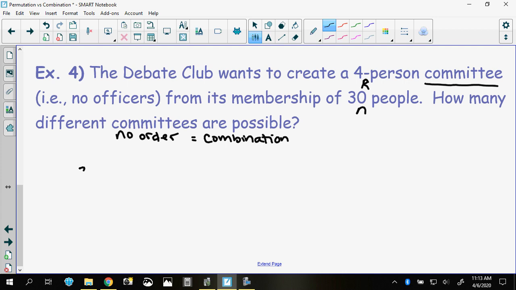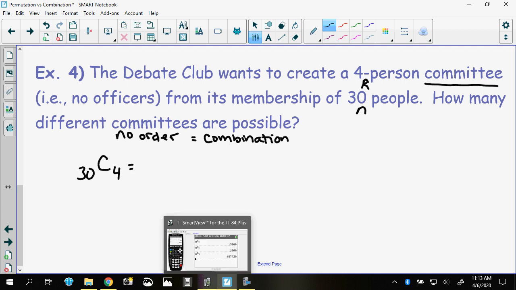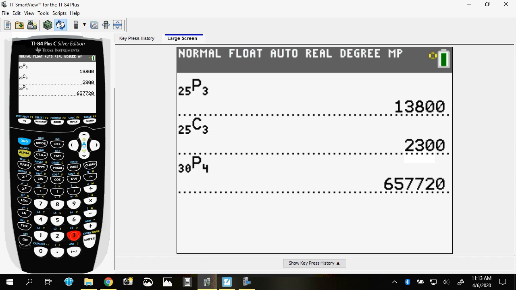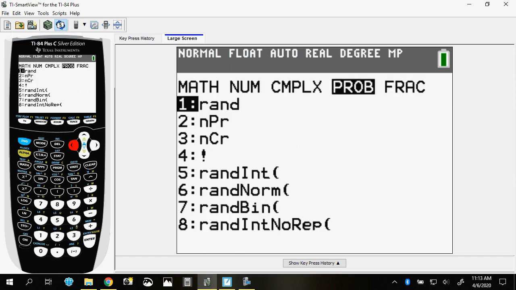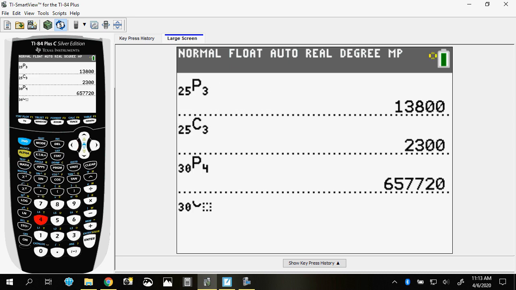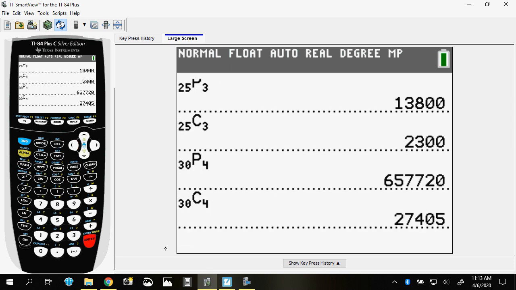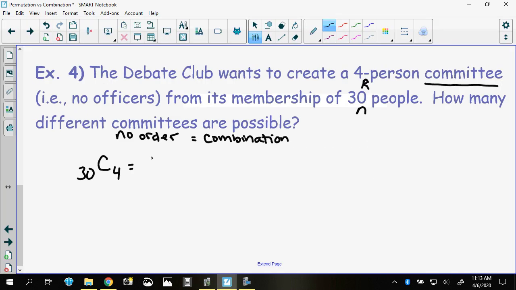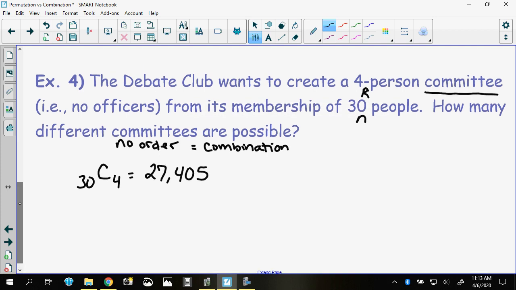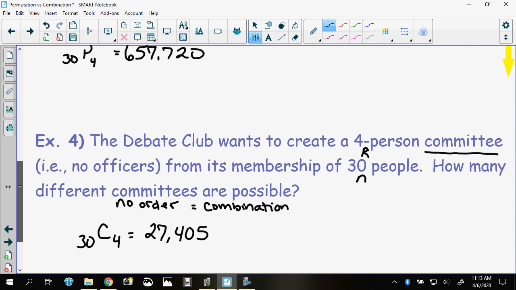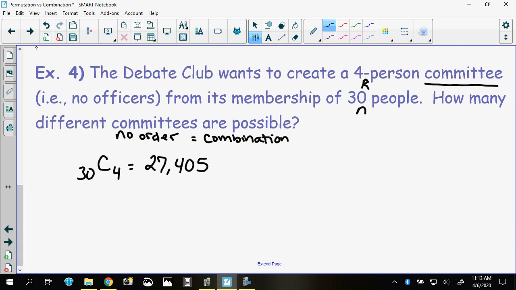Now, so 30 combination taken 4 at a time. And 27,405. So again, big difference between 657,720 and 27,405. So a lot of differences there.